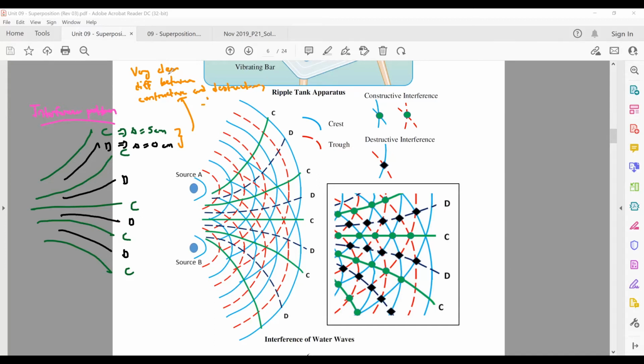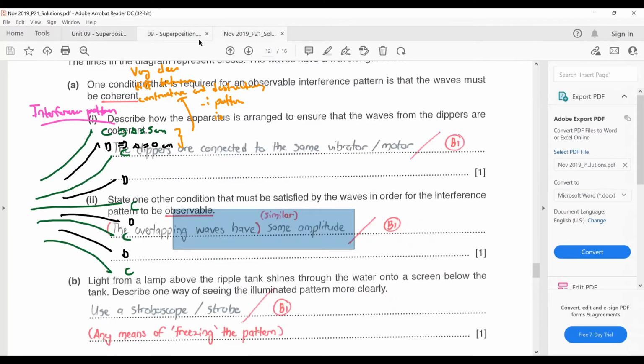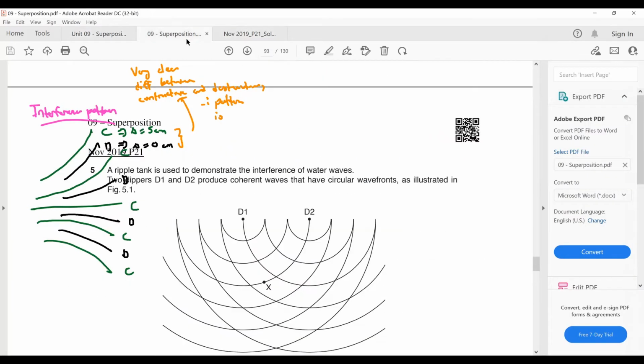Therefore, the pattern is clear, right? Oh, sorry, the pattern is observable, clearly observable.